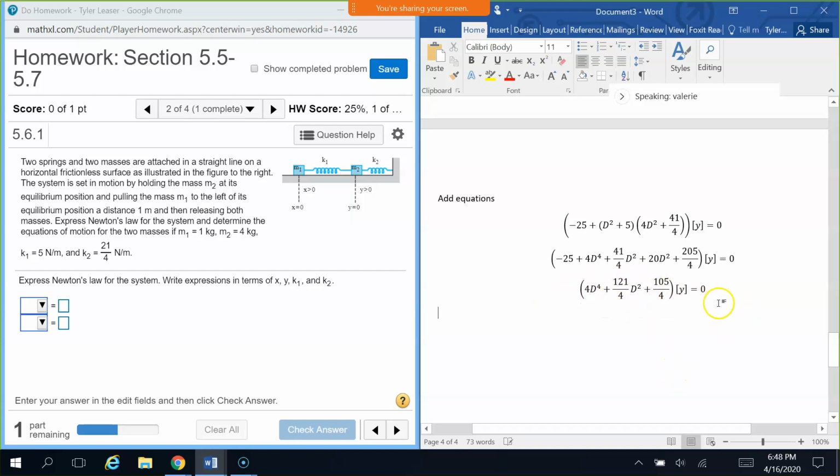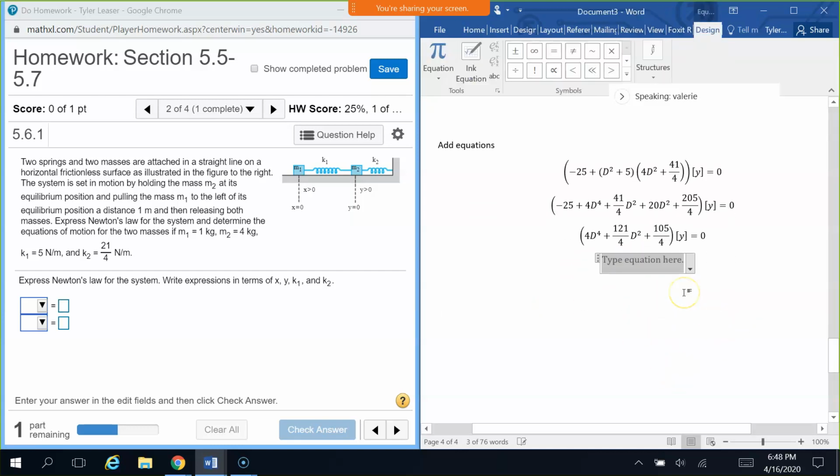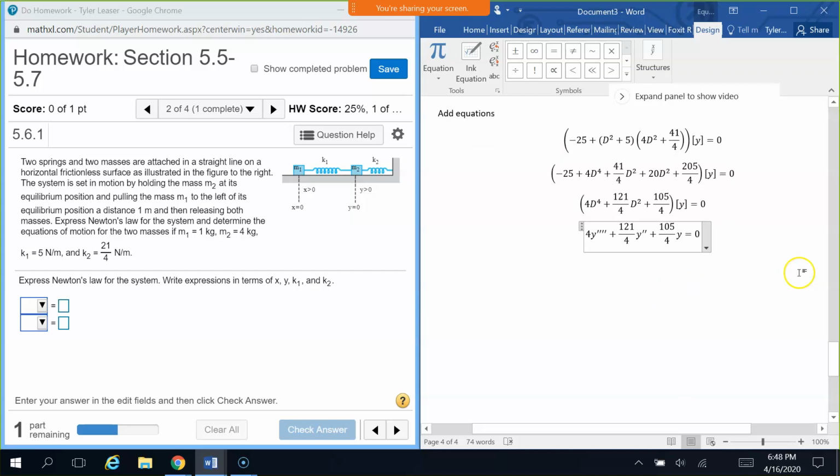Next thing you want to do is get rid of all of the operators. So this will be 4y quadruple prime plus 121 fourths y double prime plus 105 fourths y is equal to 0. I'm going to multiply everything by 4, I'm sick of these fractions.